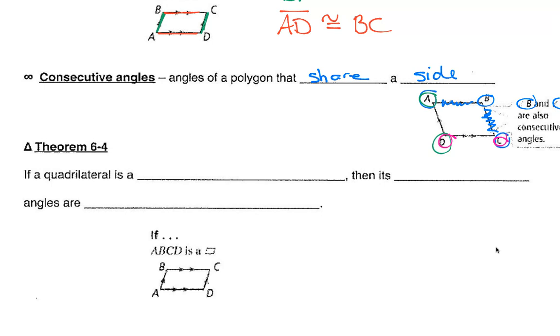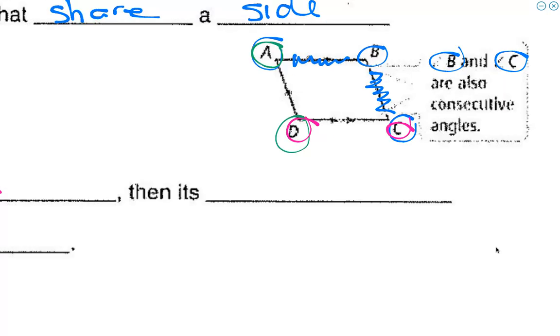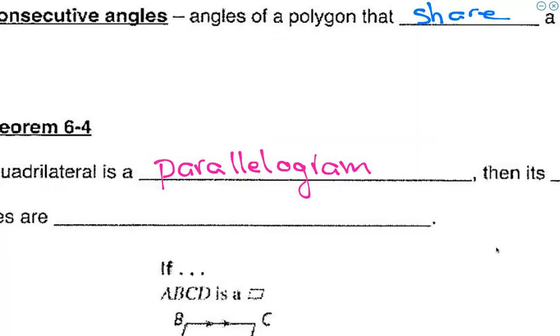Theorem 6.4, if a quadrilateral is a parallelogram, here comes another property, then its consecutive angles are supplementary.